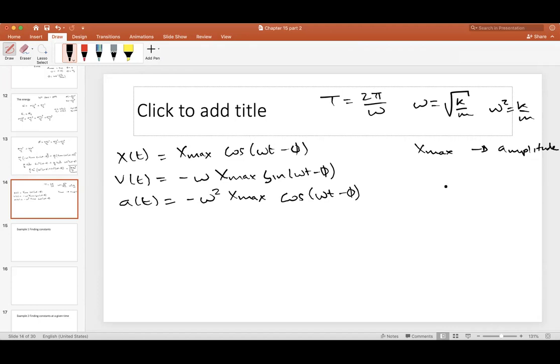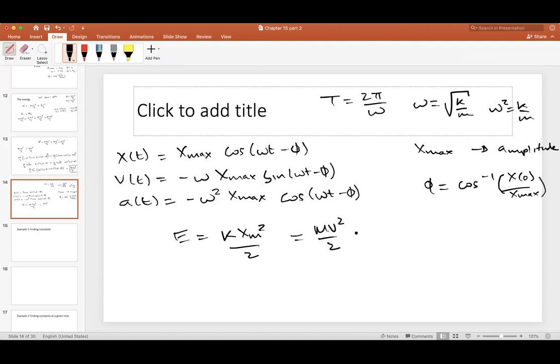And phi, you can find by arc cosine of x at time 0 over the maximum x, okay? And then lastly, that the energy at any time is k times x max squared over 2, and that's equal to m v squared over 2 plus k x squared over 2 for some given time, if you need it. And that's it. That's really all you need to remember.